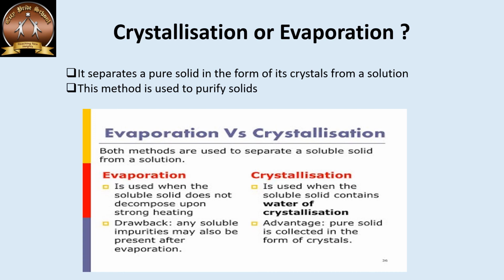The drawback of evaporation is that if there is any soluble impurity in that solvent, then on evaporation of the solvent, the product left over will have the impurity as well as the desired material. So this is the basic drawback of the evaporation process.